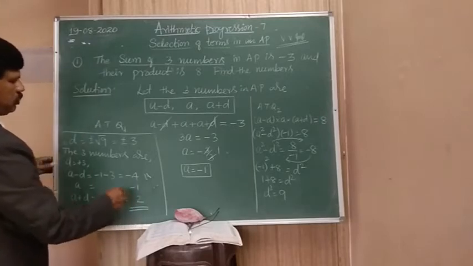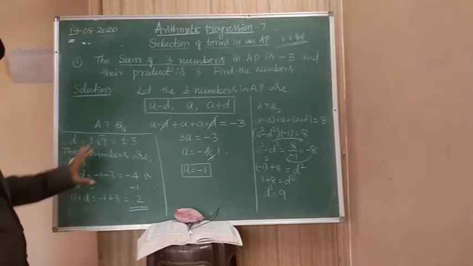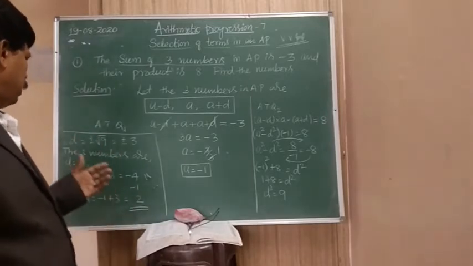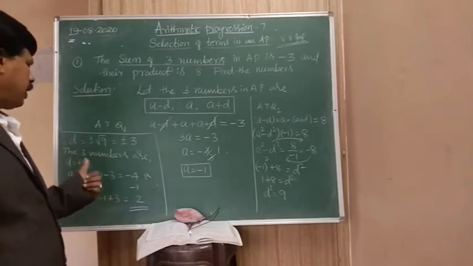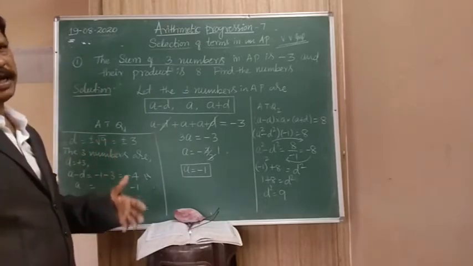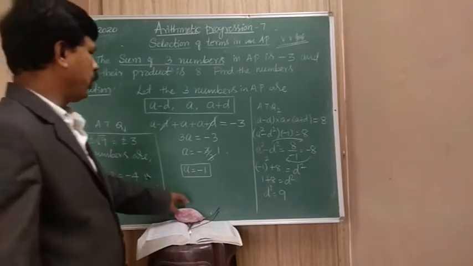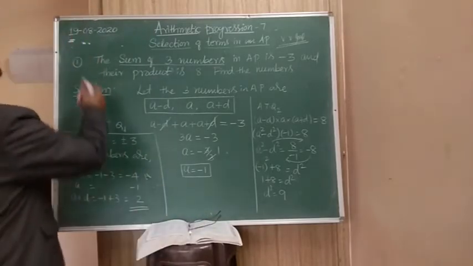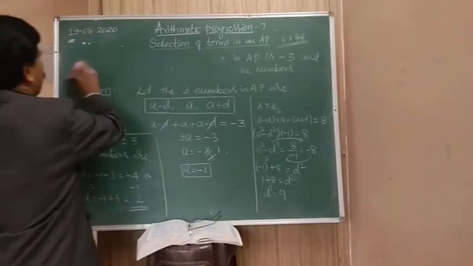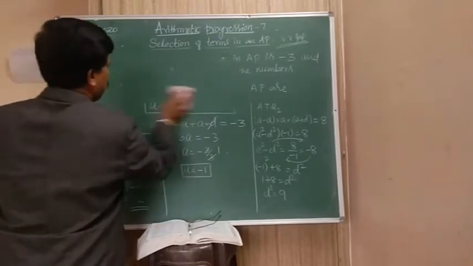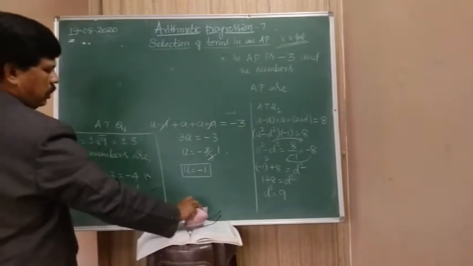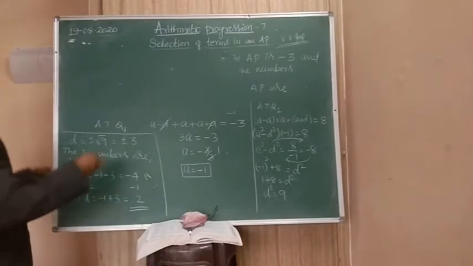So the three numbers in AP are -4, -1 and +2. Remember this, be careful: when you are taking the square root, there are two values.